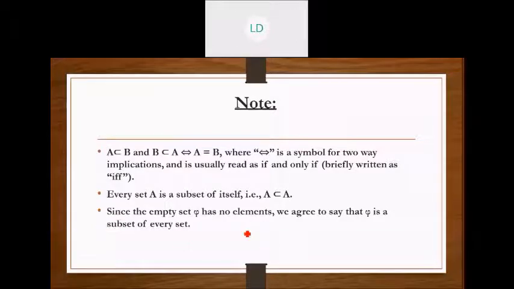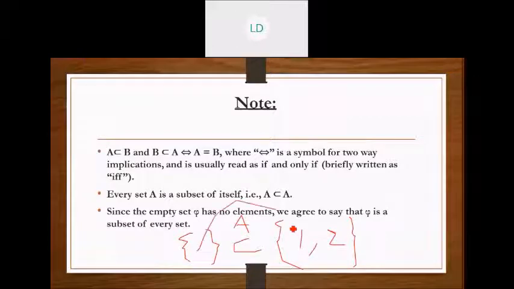So if you take the set A, what you can get? First there will be nothing. Then we can add elements. I can add elements 1 and 2. So is the empty set a subset of every set? Empty set means nothing. So is the empty set a subset of this set? Definitely, because there was nothing here, there is nothing here. So all the elements of this are there in this.